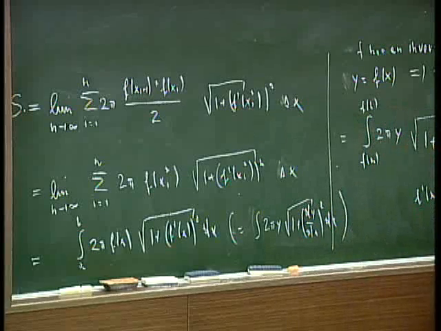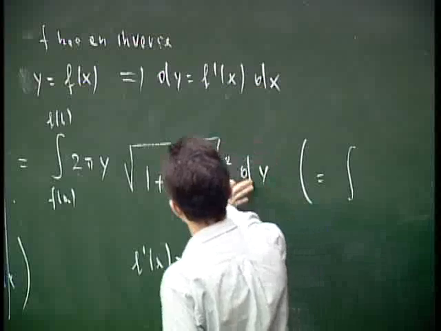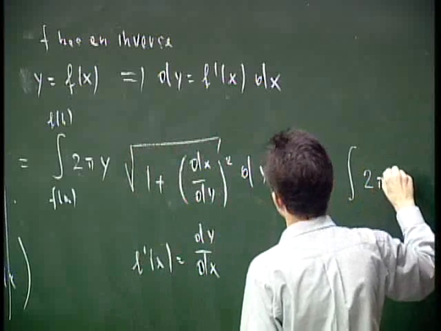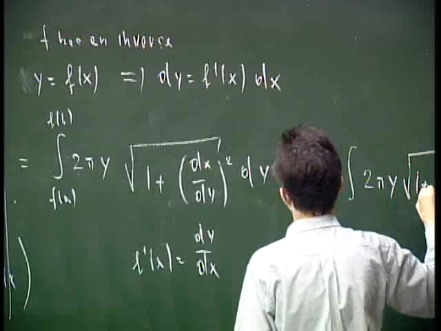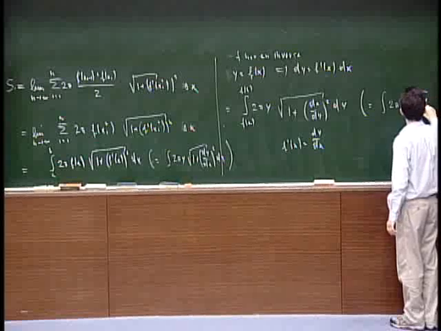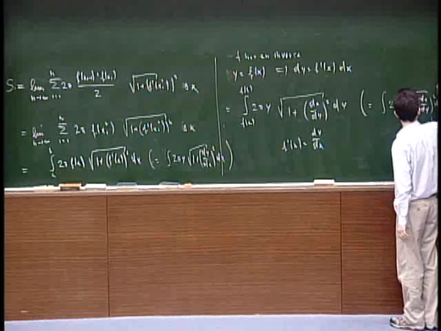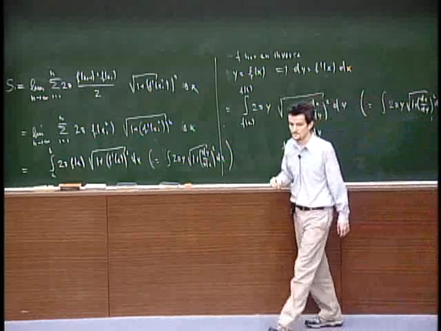Or, if you forget about the limits, you can also write this as the integral, where actually what you have here is just those two reversed. So you have 2 times pi times y, and then square root of 1 plus dx over dy squared, dy.